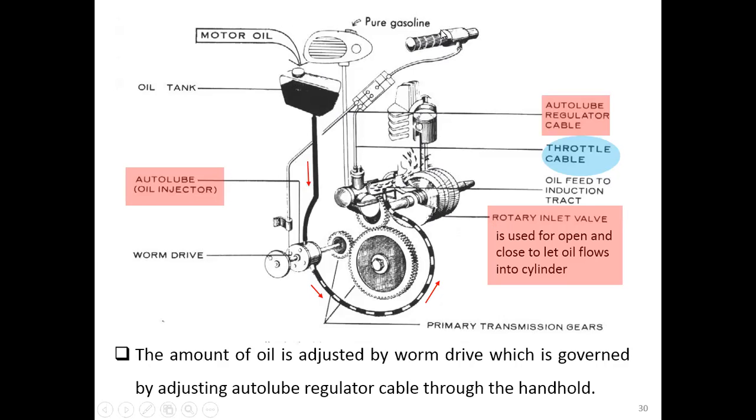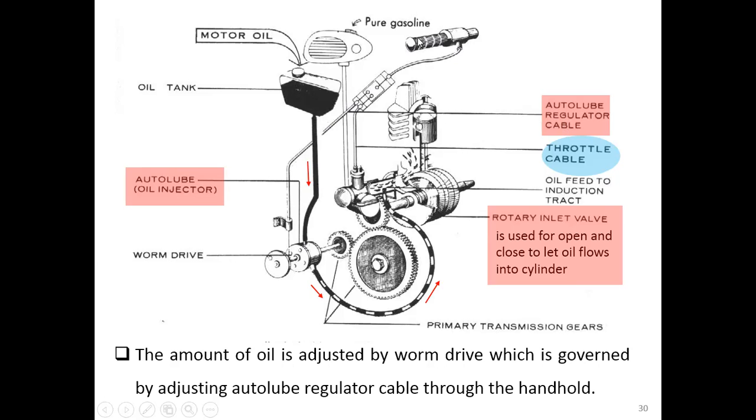By twisting this handle, it will regulate the oil injector here, which is driven by the worm drive. So twisting this will regulate the tension in the auto lube regulator cable, which is this one.